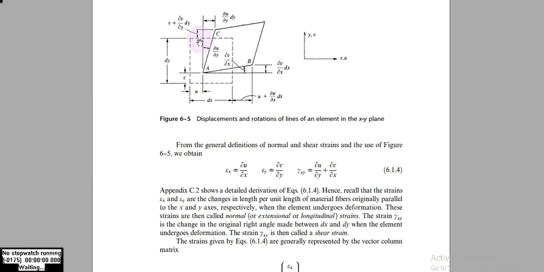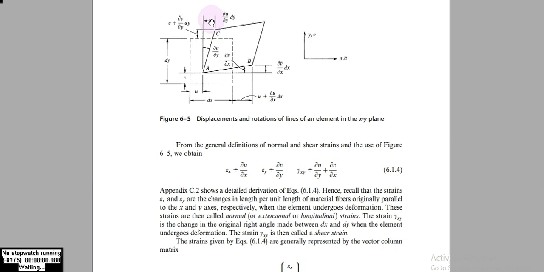With this deflection, the deflection angle is also given because of the strain coming in this block, so that it gets distorted from its original position.